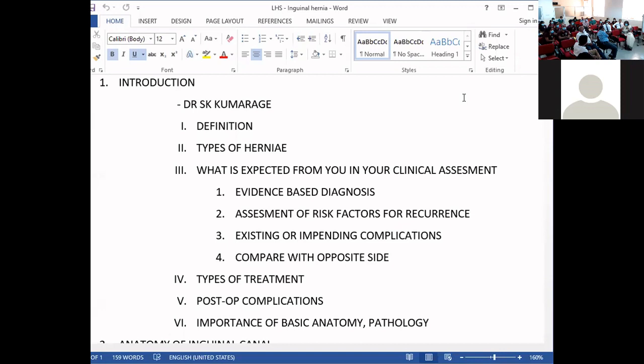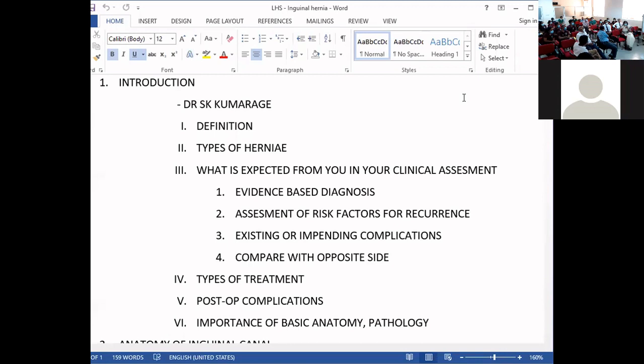Strangulation can occur without obstruction if other contents of the hernia sac are within the hernia, like for example, omental tissue or very rarely ovary or fallopian tubes in a female, that kind of thing.